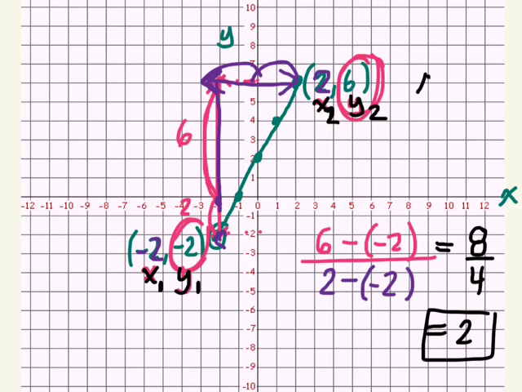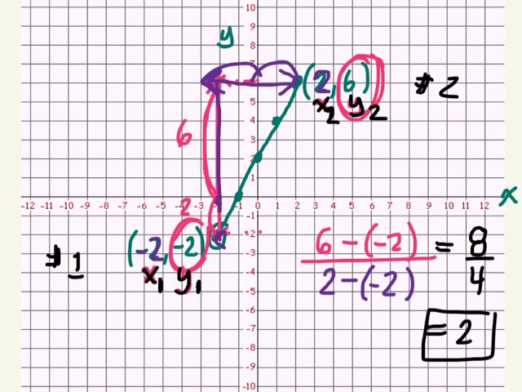This is my second coordinate, and this is my first coordinate. It doesn't matter which one you call the first coordinate and which one you call the second coordinate, as long as I'm calling this x1 and y1, and this one is x2 and y2. You can't call this x1 and y2. That wouldn't make sense. You can't do that. Okay, this is the first coordinate and the second coordinate.